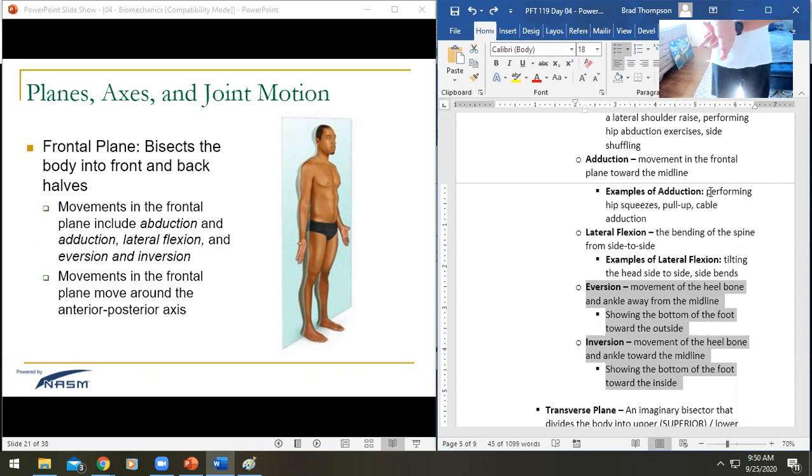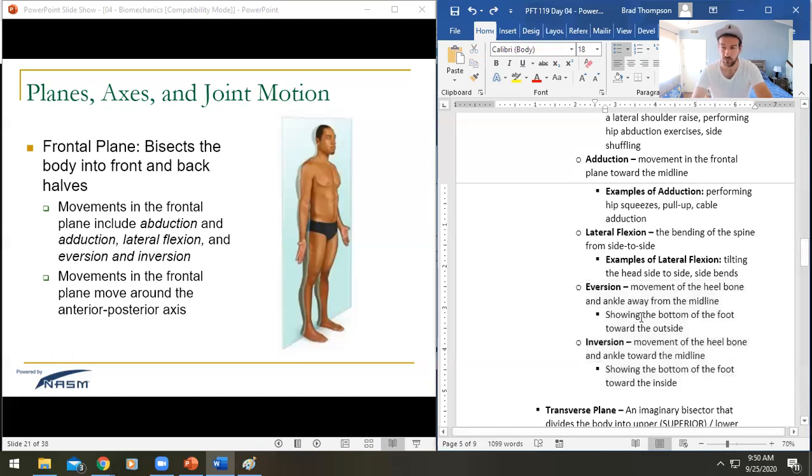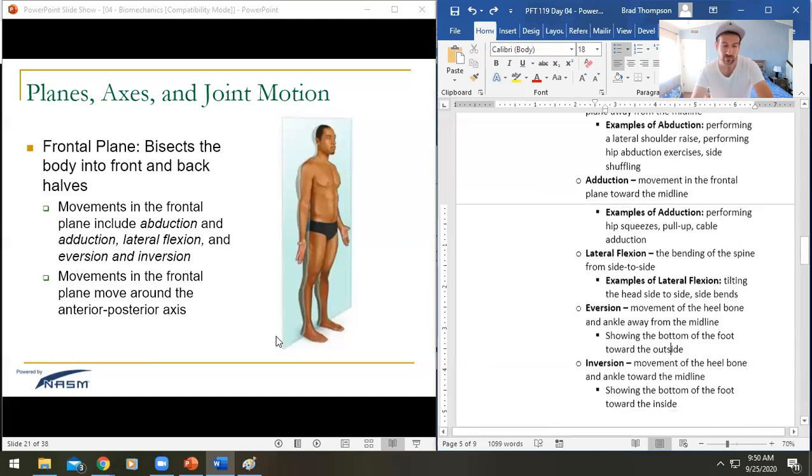Bottom of the foot that way, that's everted. Those are both frontal plane movements. And if your ankle is doing a little bit of eversion and also a little bit of dorsiflexion at the same time, chances are you're also going to have a little bit of rotational movement, and we're going to have a special term for that we're going to get to in a little bit.